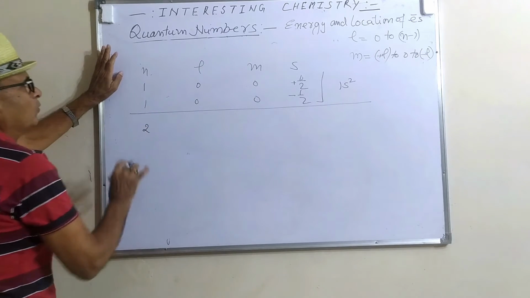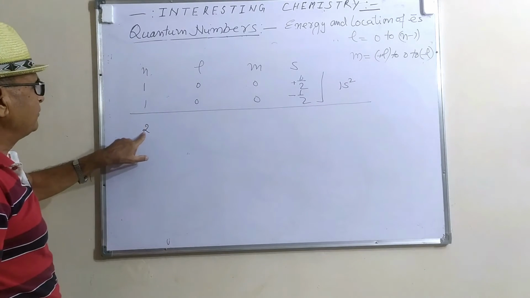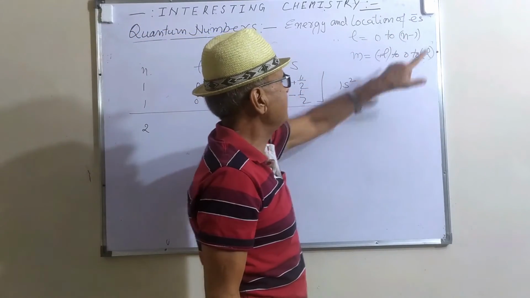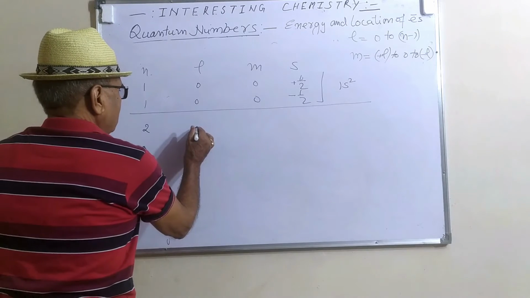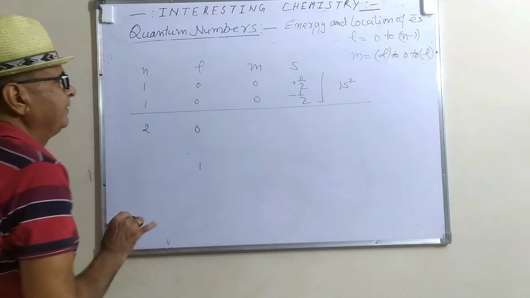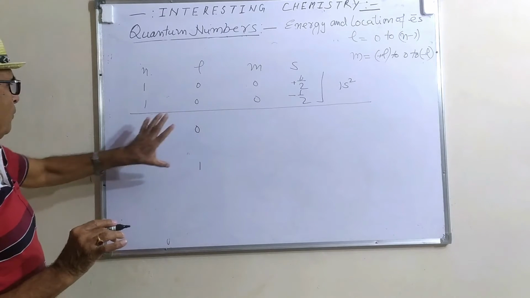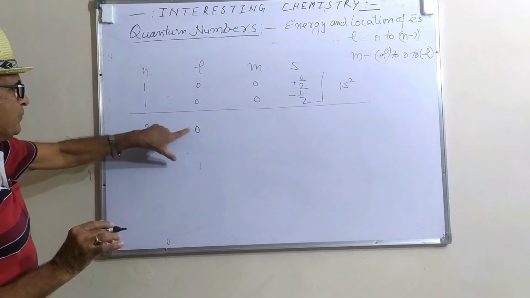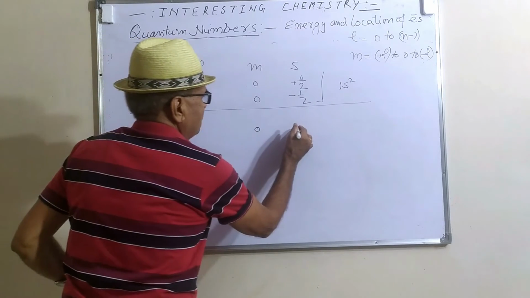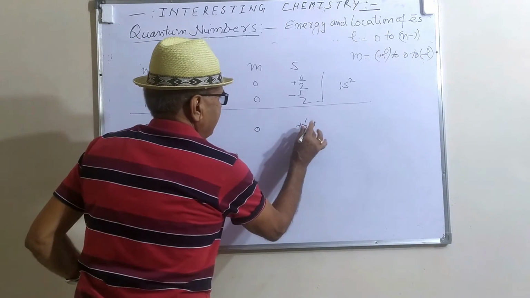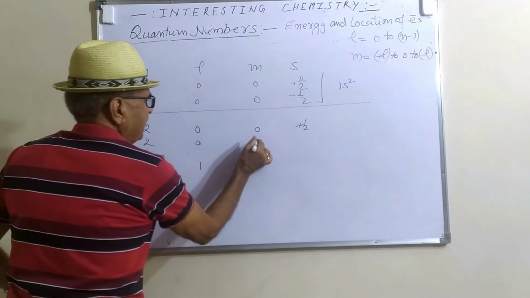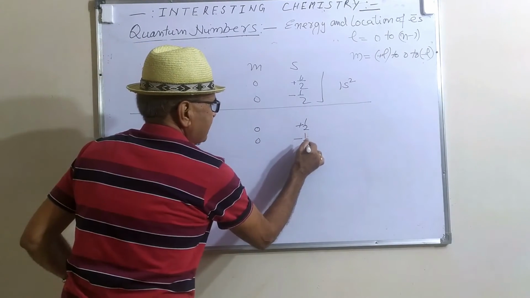Again, now calculate for n equals 2. Suppose here n is 2. So calculate the value of L, 0 to n minus 1. So the values are 0 and 1. There are 2 values of L for n equals 2. Now calculate m. For L equal to 0, m is 0, with spin plus half, and for the second electron m is 0 with spin minus half.